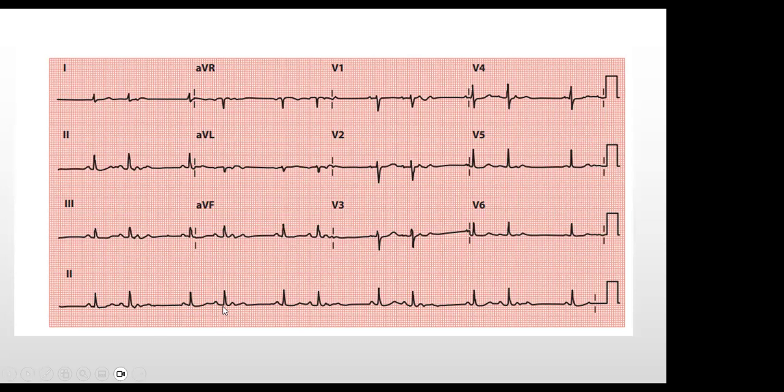Even the PR segment is longer than this PR segment. So any different opinion on this? So I think I will agree with Mobitz type.